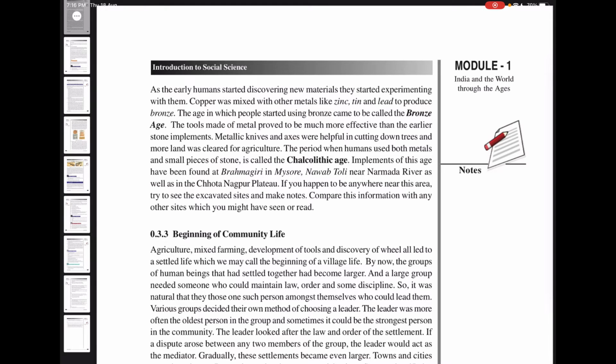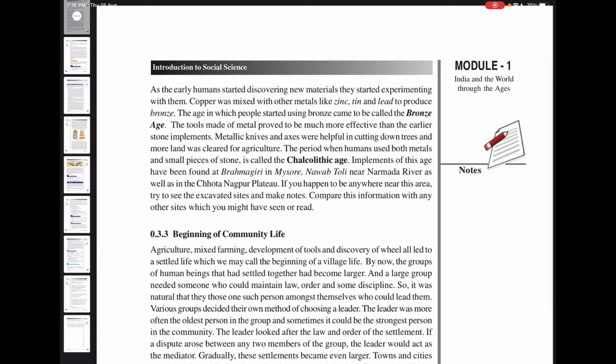The tools made of metal proved to be much more effective than the earlier stone implements. Metallic knives and axes were helpful in cutting down trees and more land was cleared for agriculture. The period where humans used both metal and small pieces of stone is called the Chalcolithic Age.